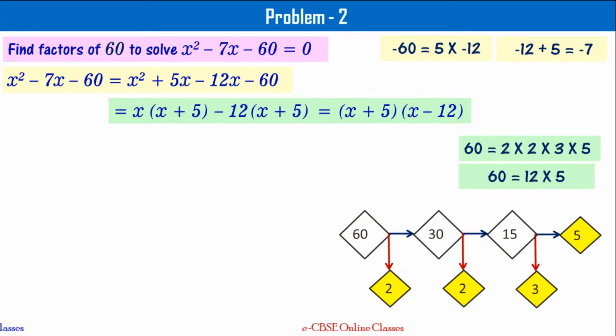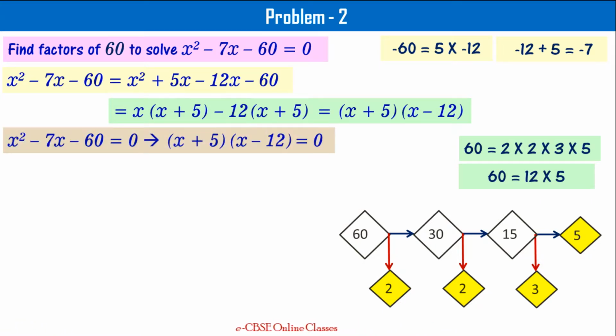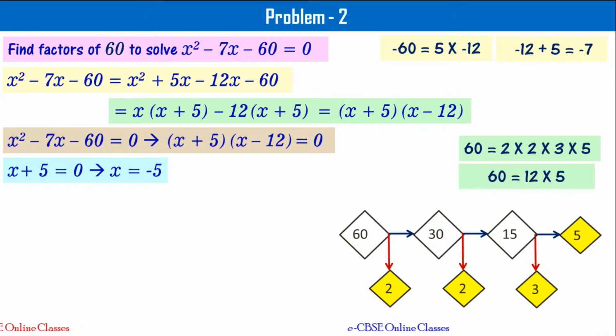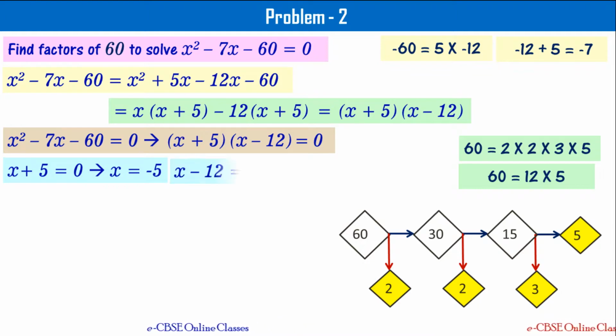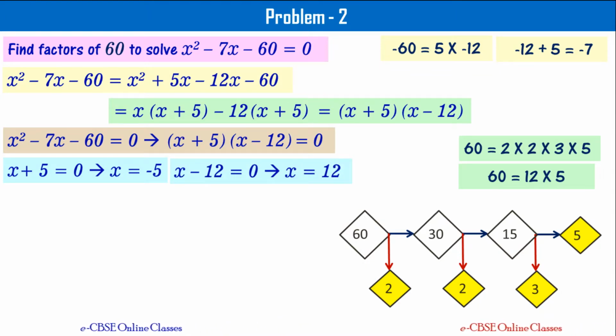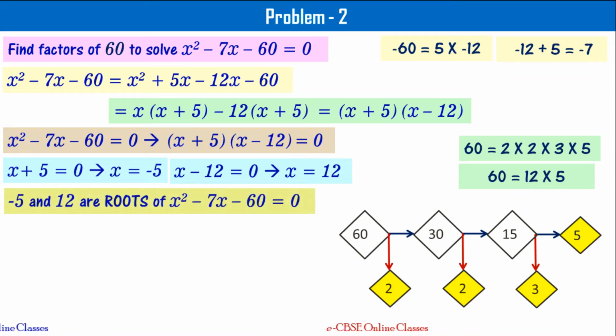So now the given equation x square minus 7x minus 60 equal to 0 can be written as x plus 5 times x minus 12 equal to 0. It means x plus 5 can be 0, meaning x equal to minus 5, or x minus 12 is going to be 0, it means x equal to 12, right? So now we can say that minus 5 and 12 are roots of x square minus 7x minus 60 equal to 0, right? Please take a note of that.